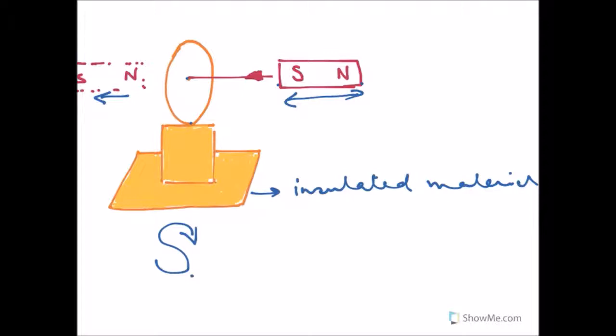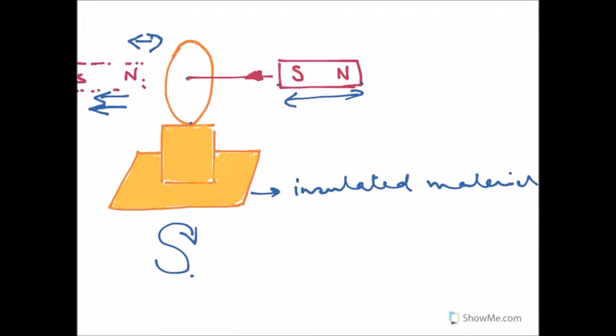Once it crosses the loop and the north pole moves away from the loop, the coil should develop again a south pole on this side to attract the north pole of the magnet which is going away from the loop.